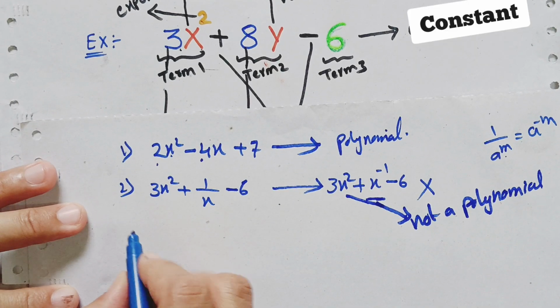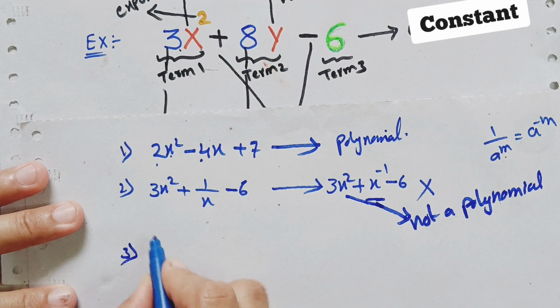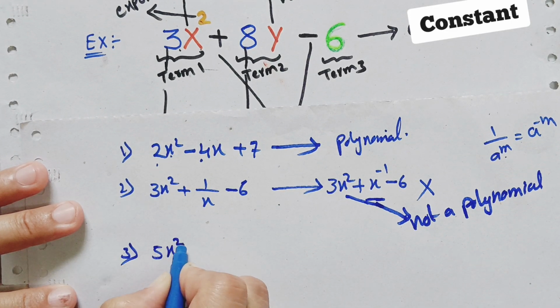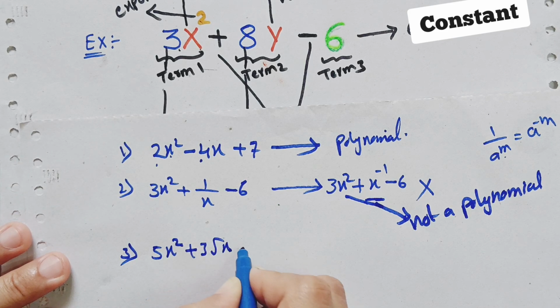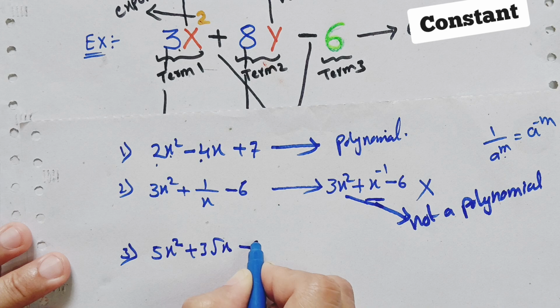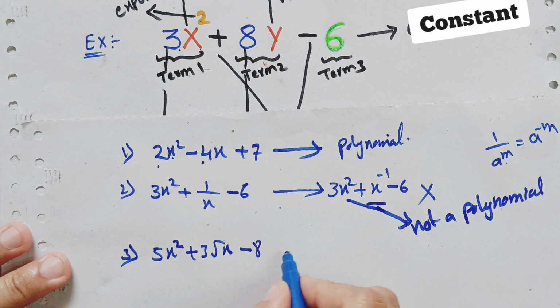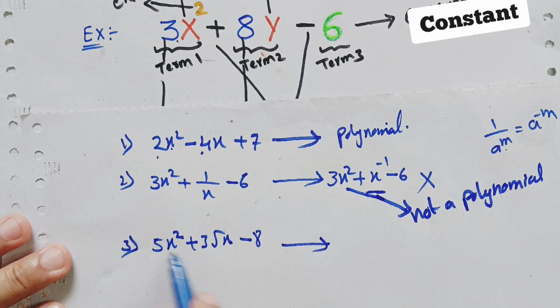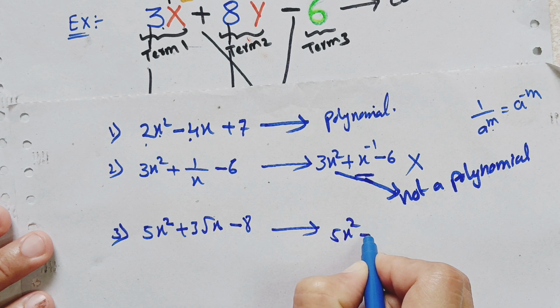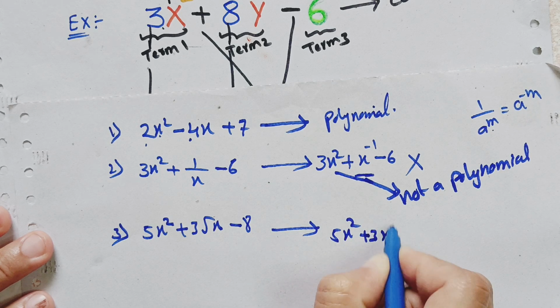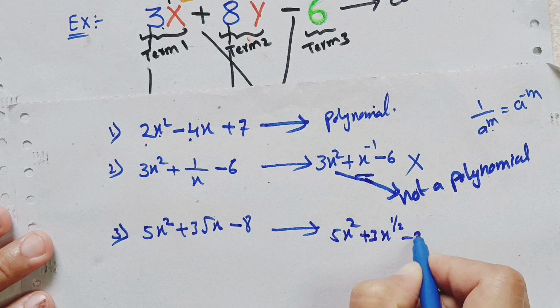Okay, let's see the third example. 5x square plus 3 root x minus 8. Is this a polynomial? If I write it this way, then 5x square plus 3x to the power 1 by 2 minus 8.